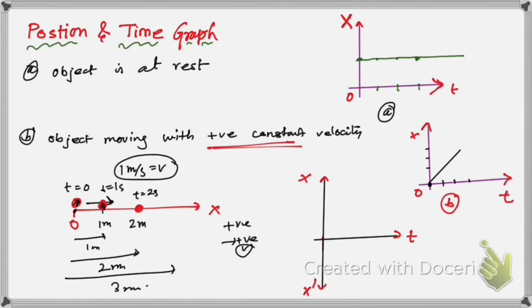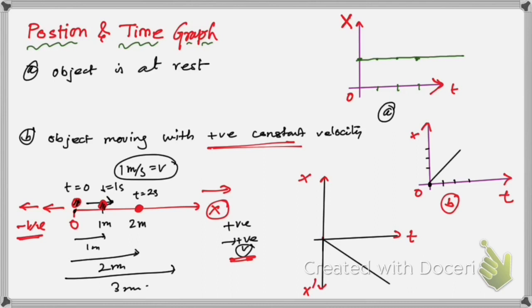Velocity is negative means the object must be moving towards the negative x-axis. We're gonna consider that, right? If towards the positive x-axis we have considered the velocity is positive, then towards the negative x-axis it will be considered as negative. So the graph is gonna look like this.